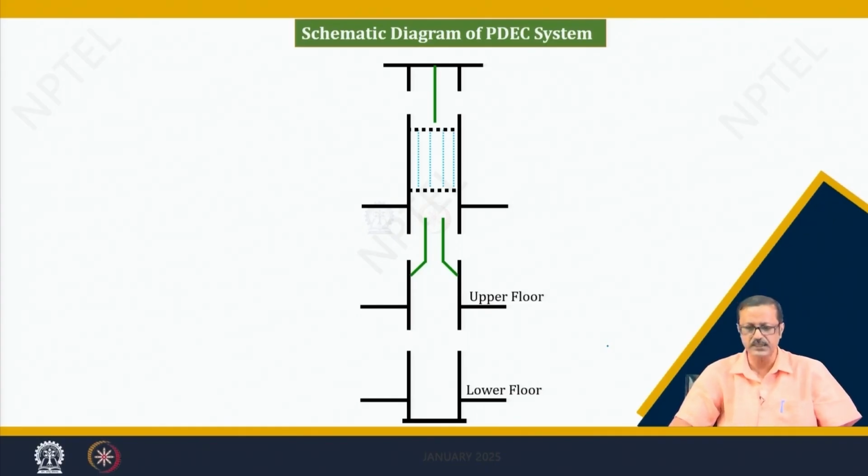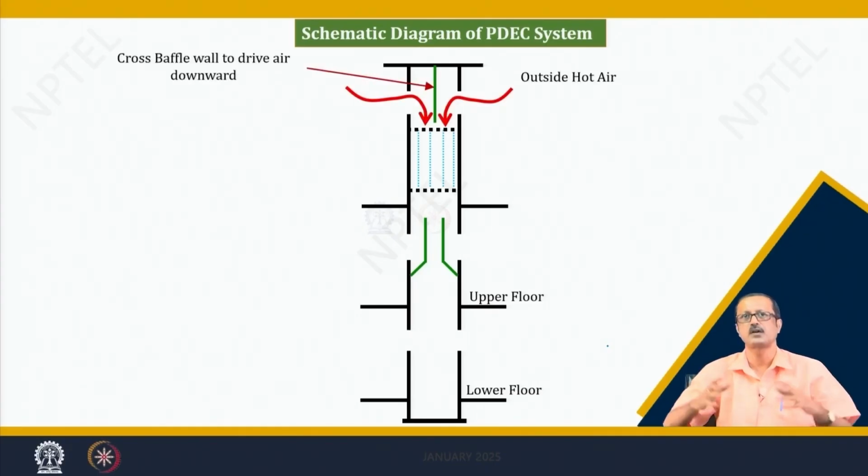Here you see in the top part of this kind of shaft, there are some baffle valves and some outlets or punctures. Those punctures take the hot outside air in, which I have shown in red arrows, and the baffle valve will try to channelize it towards below.